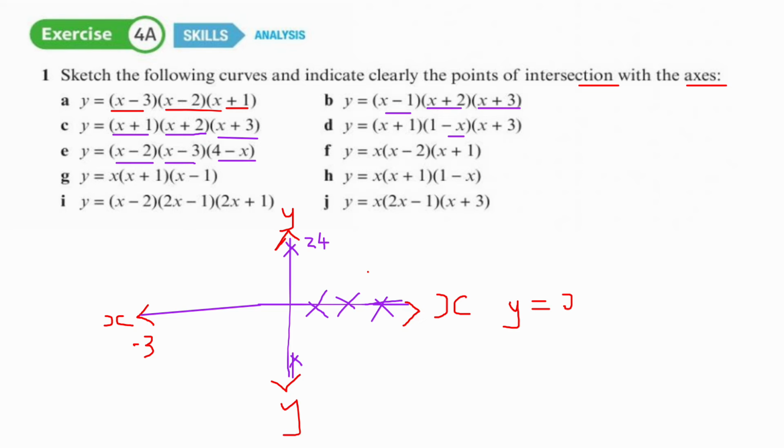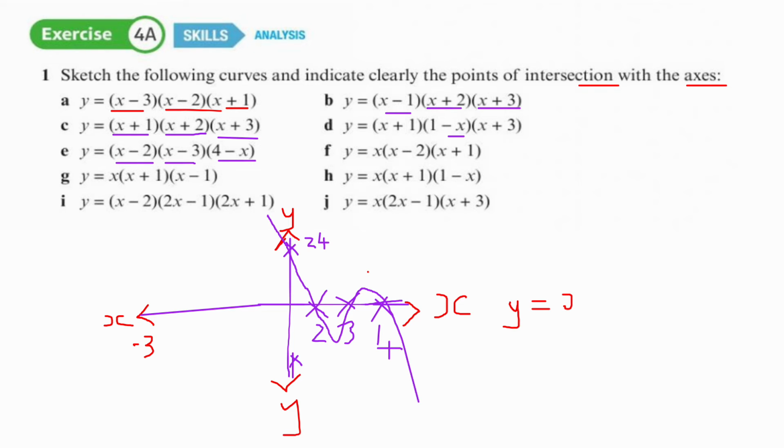So it crosses at 2, 3, and 4, guys. Apologies for any jerkiness here. So it looks something like this, as a rough sketch.